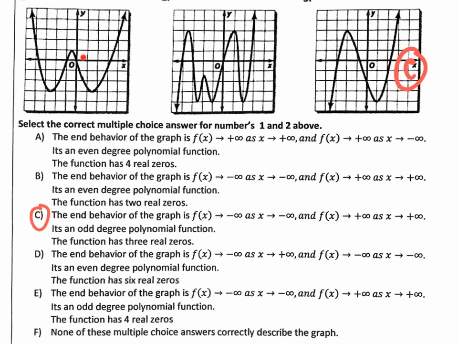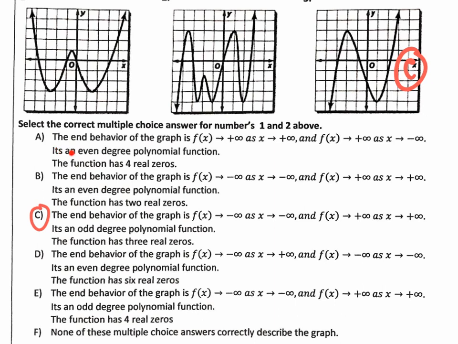This one also goes up as you go to the right. Let's keep reading. The y values go to positive infinity as you look at it how? To the left. The graph goes up as you look at it to the left. This one goes down as you look at it to the left. This one goes up as you look at it to the left. So far, option A might belong to number 1.